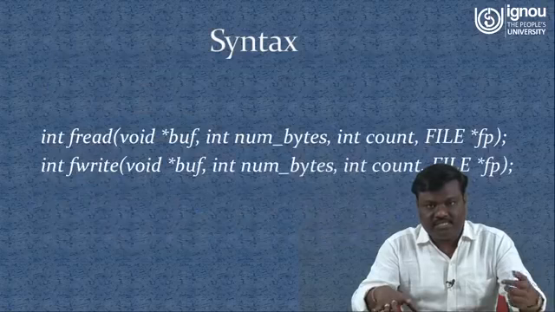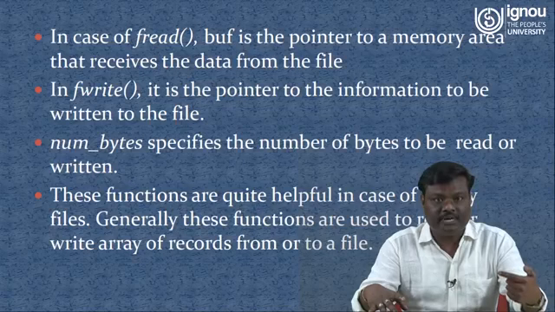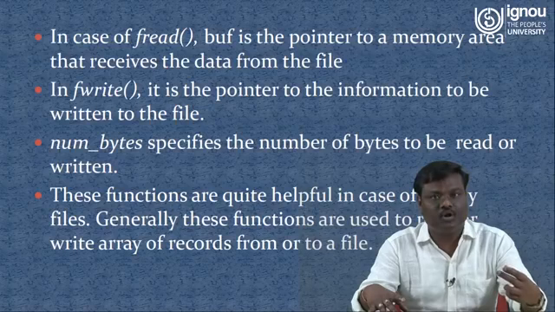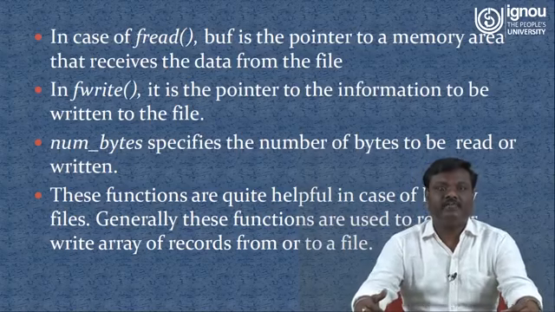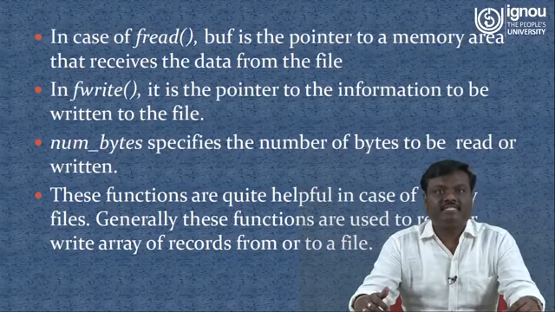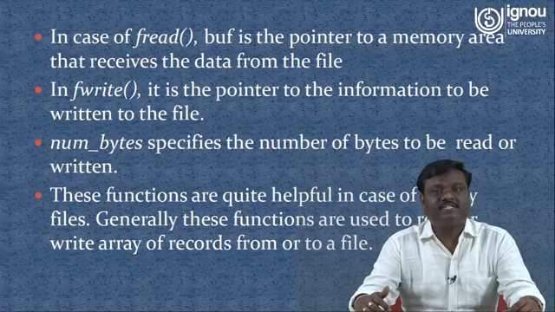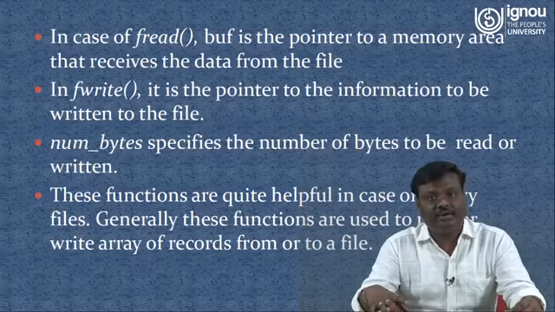Number of bytes, the second argument, specifies the number of bytes to be read or written, so that we can call it a block. These functions are quite helpful in the case of binary files. They are normally used to access binary files, generally to read and write arrays of records in binary form.